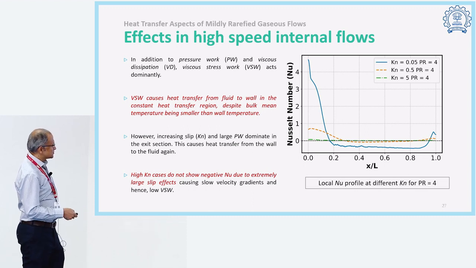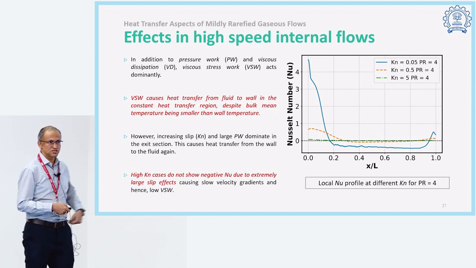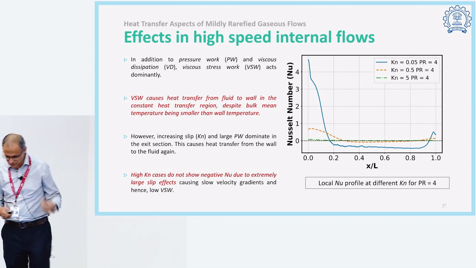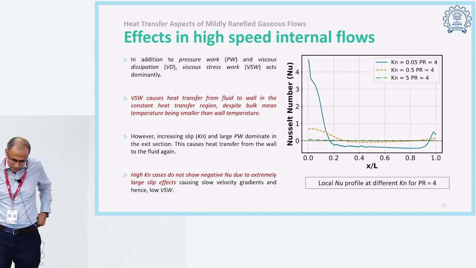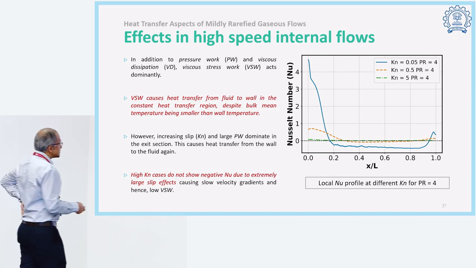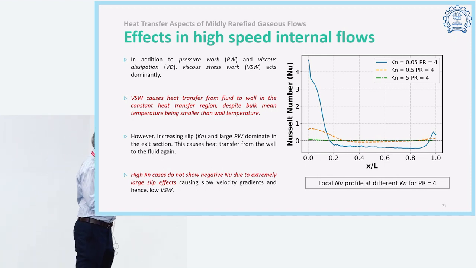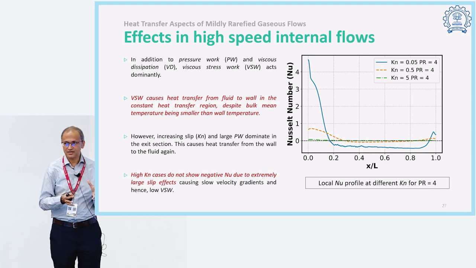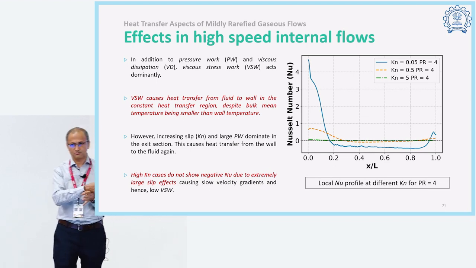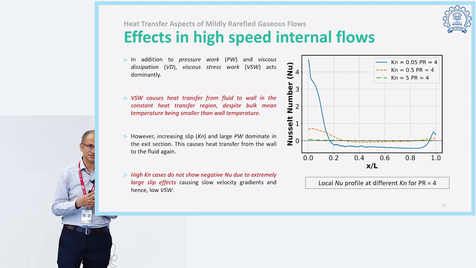Now if you were to investigate it closely, what you see is that the viscous shear work, which I had mentioned earlier, seems to be very important here. It's not that the bulk temperature of the gas has become less than the wall temperature, which is leading to a negative value of the Nusselt number.